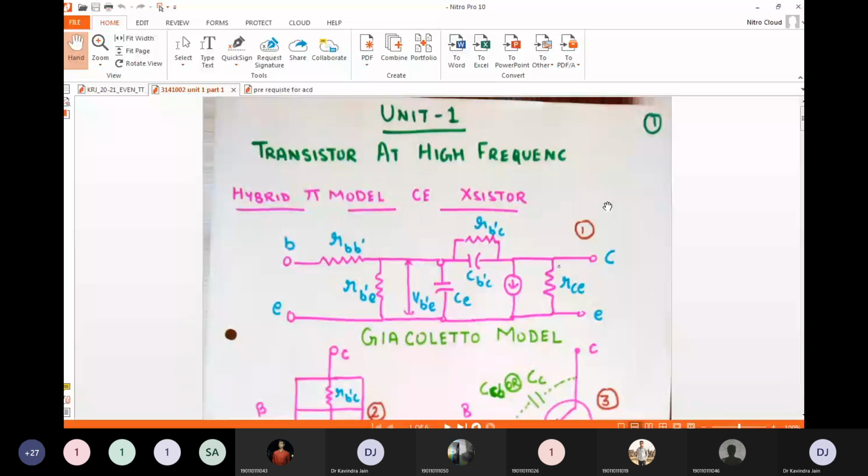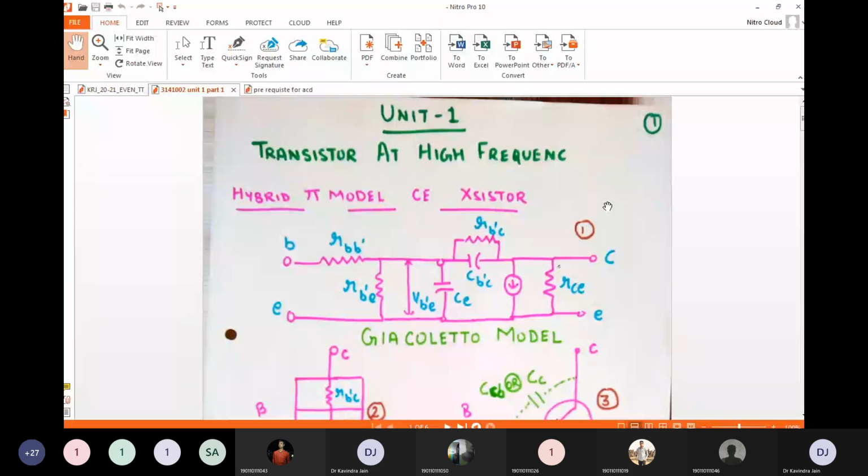Yes, sir. The very first point is, at lower frequency, transistor responds immediately to the changes in input voltage and input current.